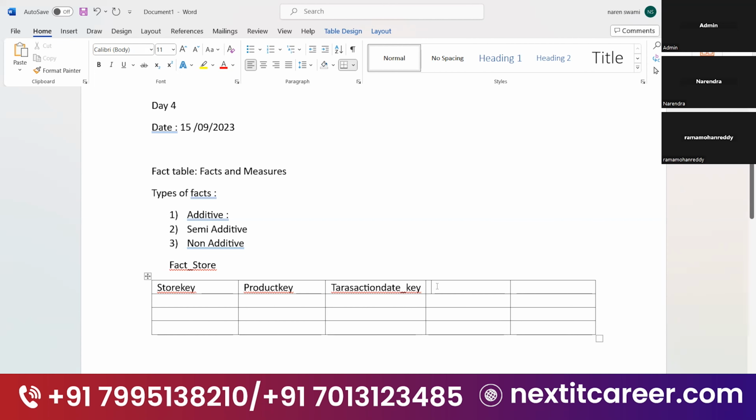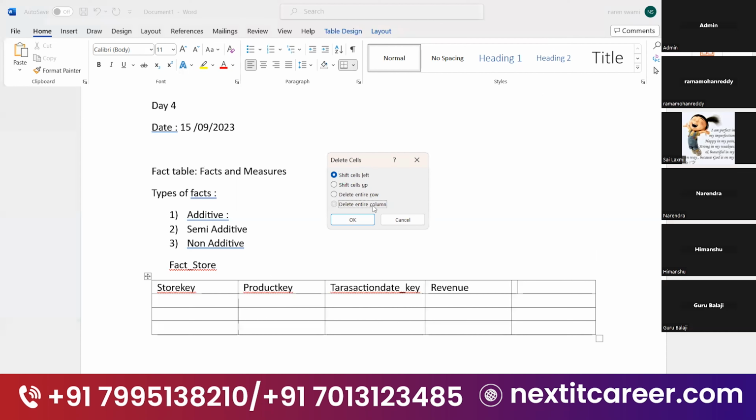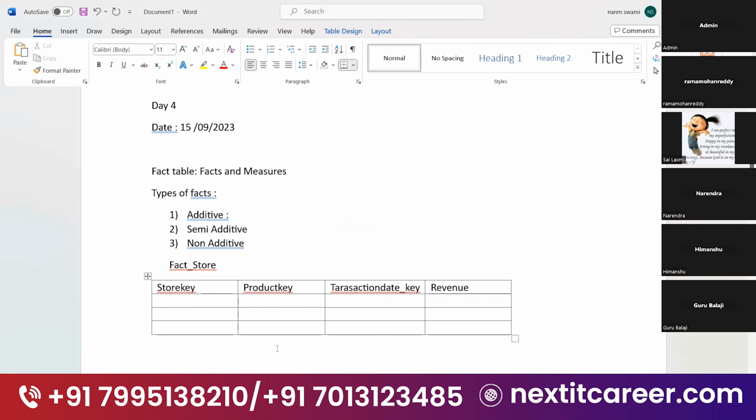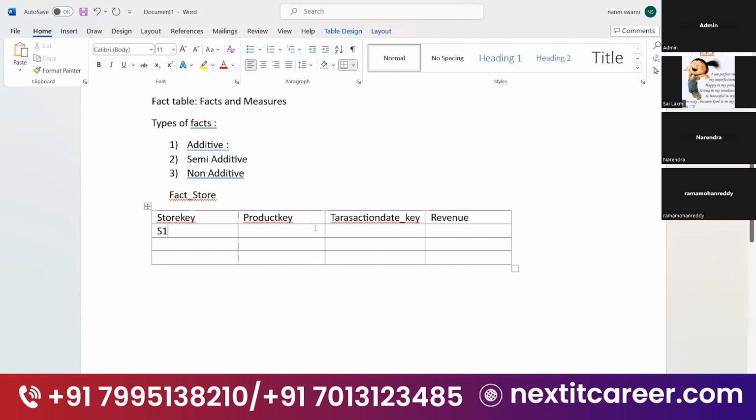As part of the fact table, it should also have a measure amount, which I call revenue. These are the columns available in the fact table. I have taken one example, S1 and P1.